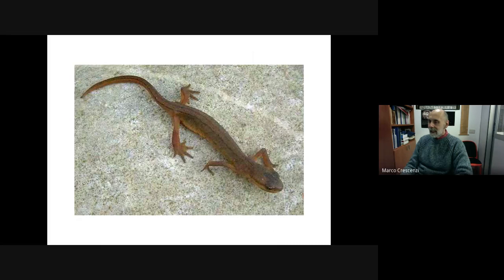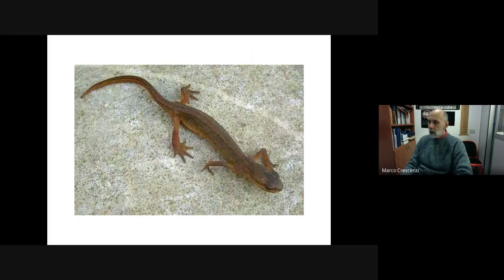You can not only cut off its tail or its limbs or any other external part of the body. You can cut off any part of internal organs, including, say, the tip of the heart, the spinal cord, the brain, an eye.